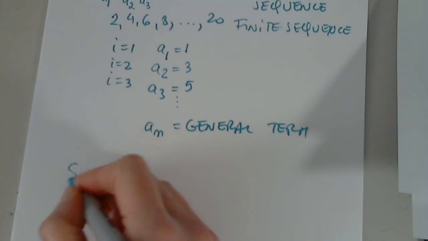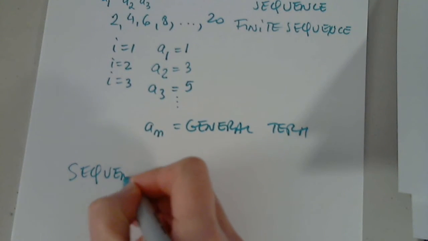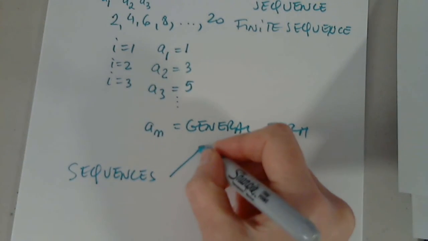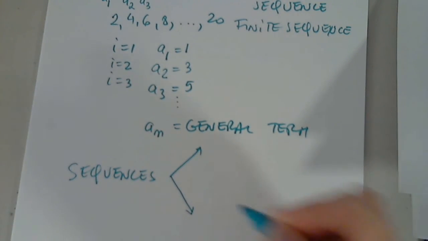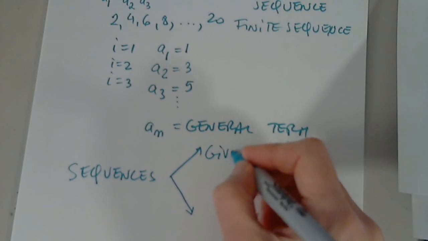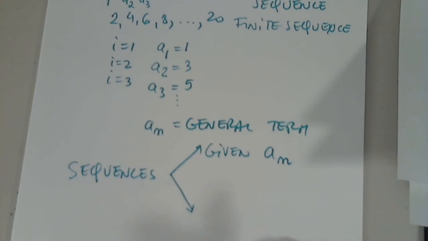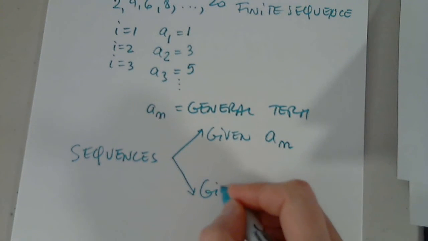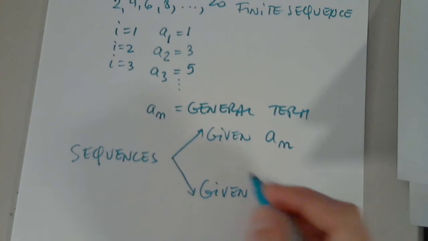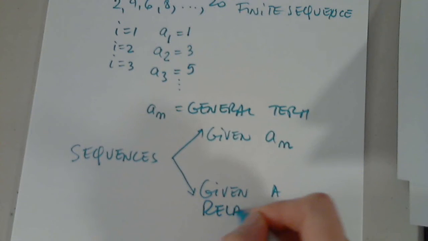So sequences can be given to us in two ways. Given the general term, a sub n, or given to us a relation or relationship.